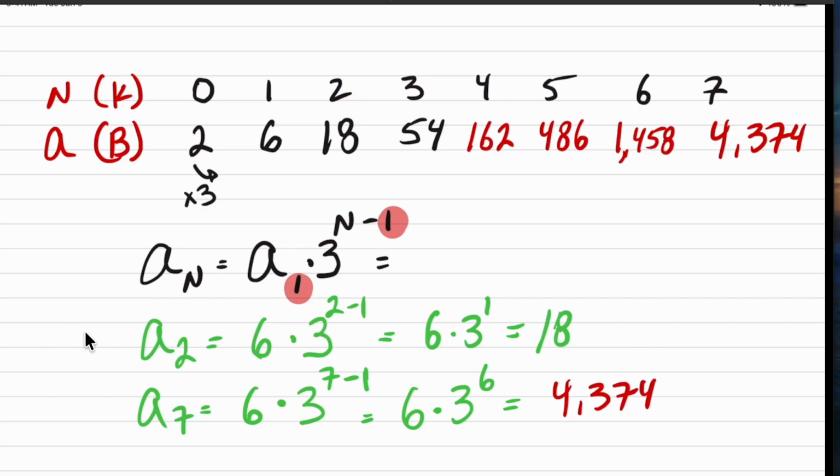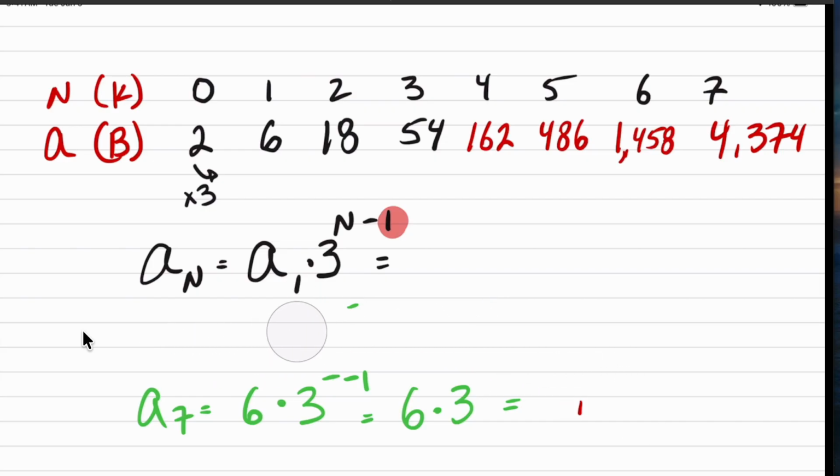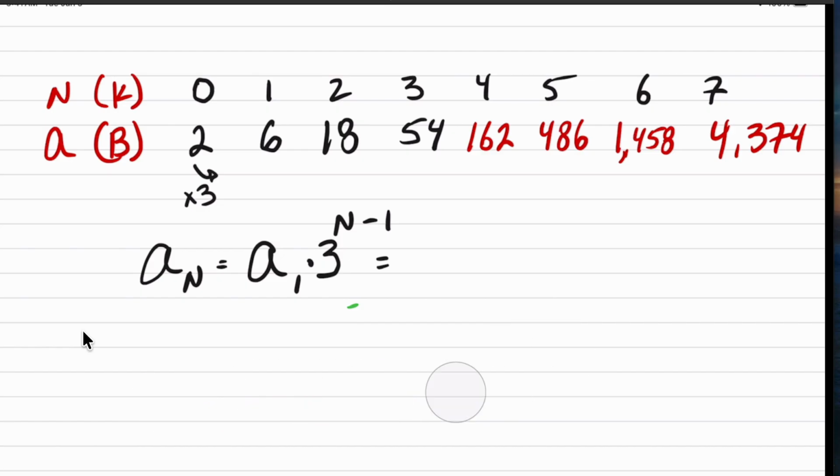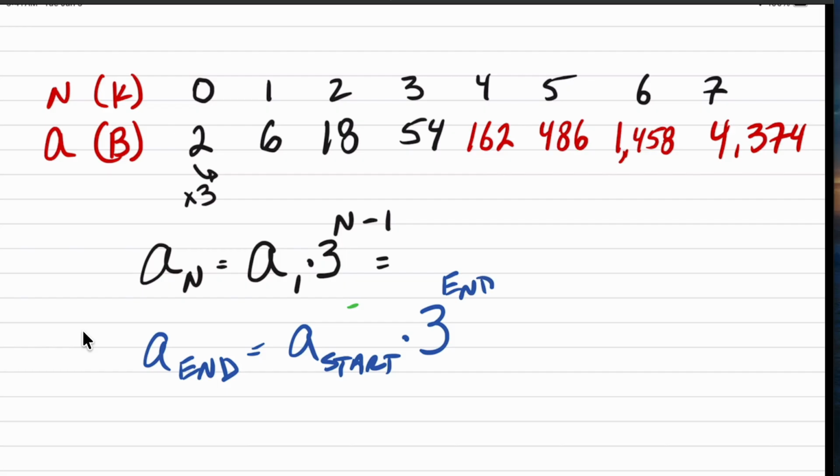Okay, but let's have some fun with this. Let's play around with this formula and recognize that what we're really dealing with is that the amount at your end position equals the amount at your starting position times 3 raised to the ending position minus the starting position.